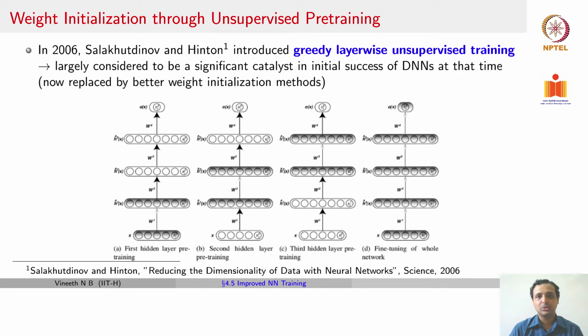For a few years since 2006, the general understanding was this was extremely essential to make deep neural networks work in practice, and it led to a widespread adoption of deep neural networks for various applications.